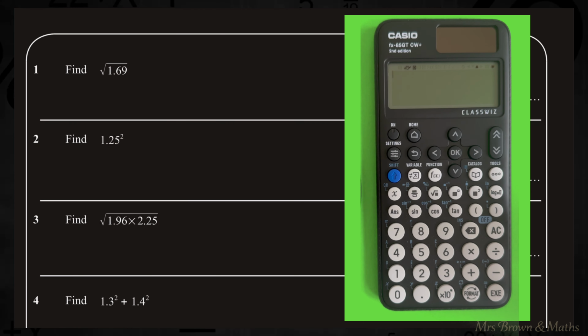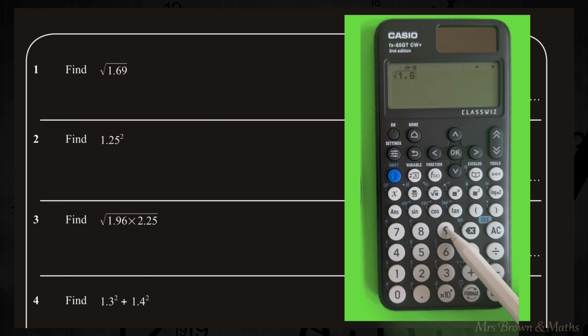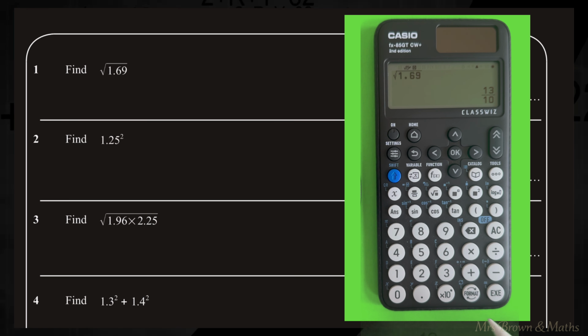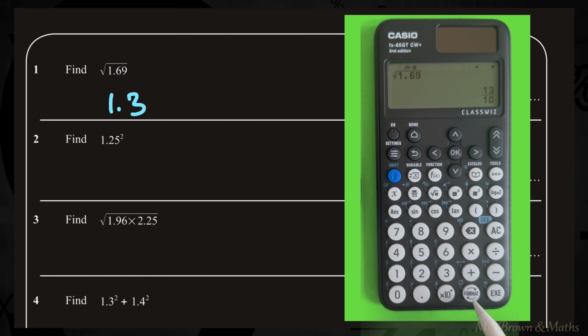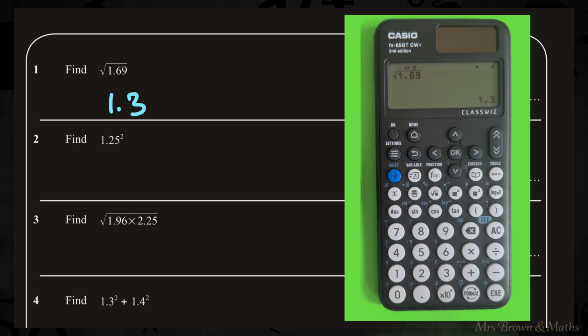Question 1. Square root 1.69 equals. Right, we have a fraction. Click Format. Final answer 1.3.